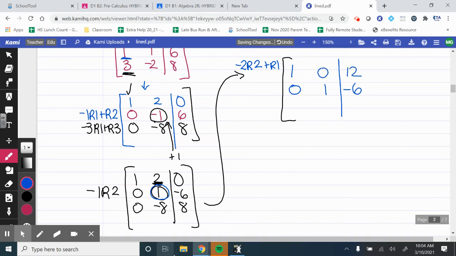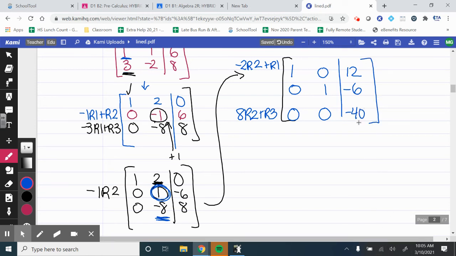And for the third row, I want to get this negative 8 to become a 0. So I'm going to multiply the row with the lead 1 by positive 8. So 8 times row 2 plus row 3. And that gives me a 0 and a 0, which is okay. And then negative 40. So here's the problem.